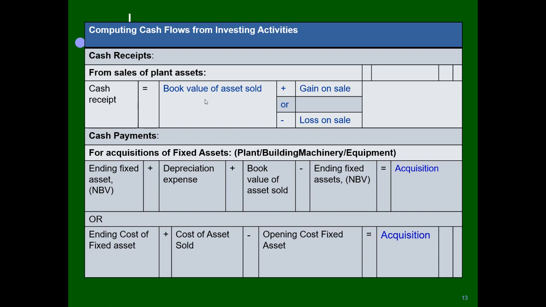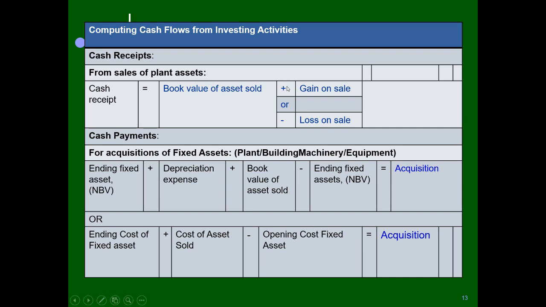Usually it's stated in the transaction what the book value is, or the value before accumulated depreciation. Book value is actually the historical cost, or the cost of acquisition, minus the accumulated depreciation of the asset. So that is book value.